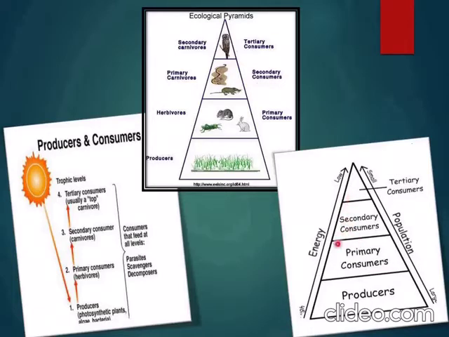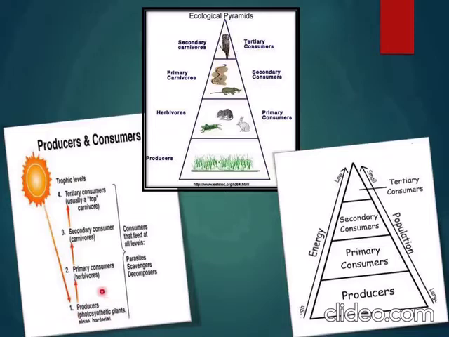Okay, so now if we talk about the flow of energy in an ecosystem, the ultimate source of energy used by the living organisms is the sun. So you can see here, the ultimate source of energy is the sun. And of the total solar radiation falling on the earth, only about 1% is captured by the plants in terrestrial ecosystems.